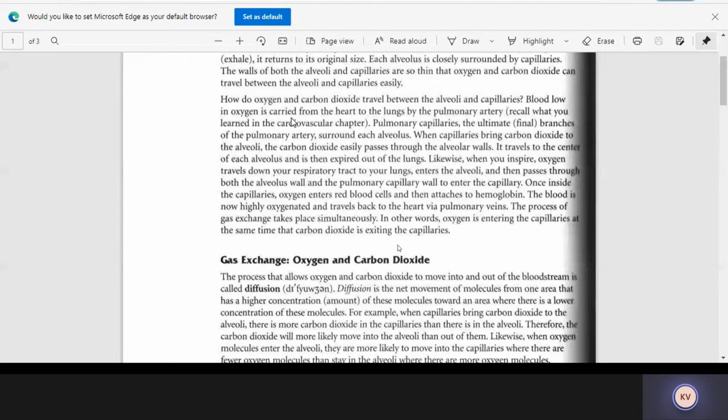It travels to the center of each alveolus and then is expired out of the lungs. Likewise, when you inspire, oxygen travels down your respiratory tract to your lungs, enters the alveoli, and then passes through both the alveolus wall and the pulmonary capillary wall to enter the capillary.